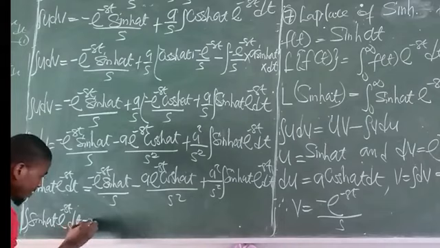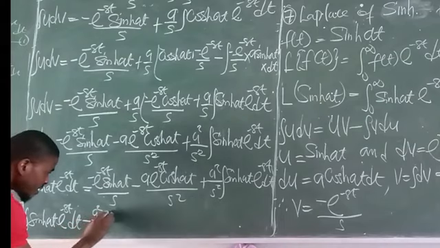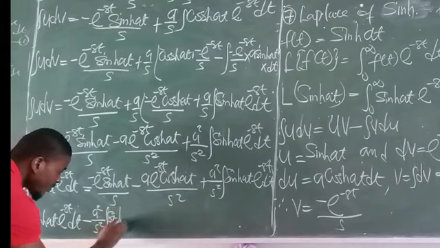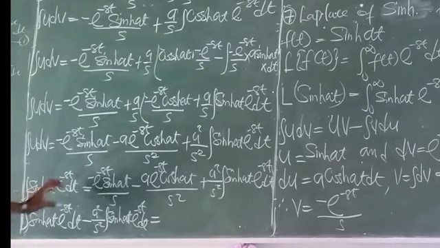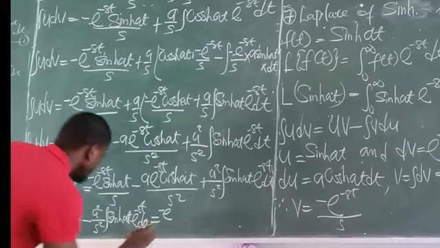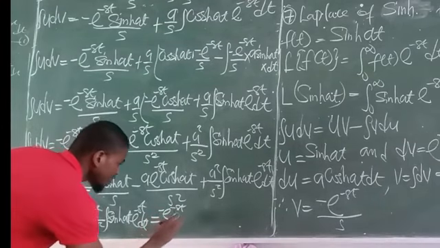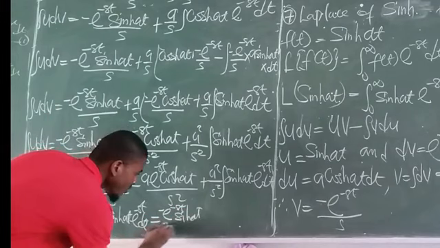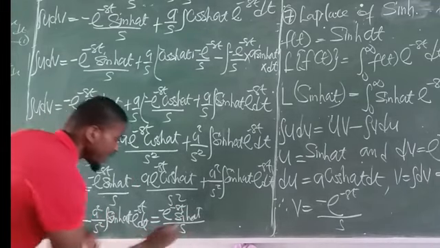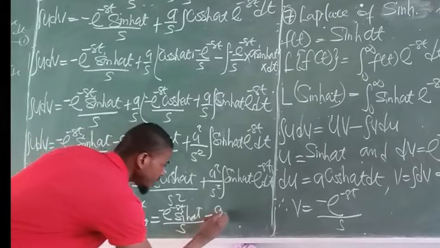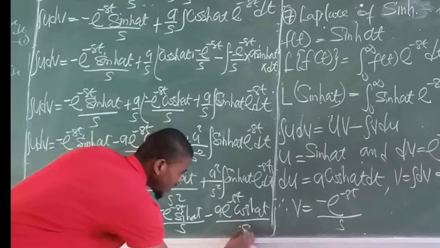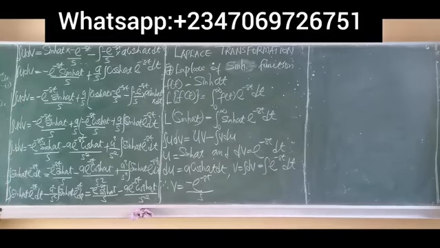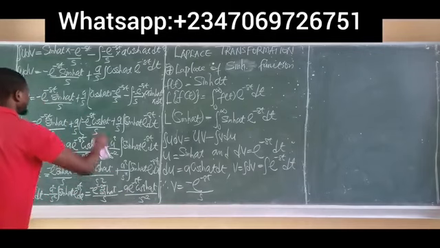So I have minus a squared all over s squared integral of sine at exponential minus st dt, and this is now equal to the result left: minus exponential minus st sine at all over s, minus a exponential minus st cos at all over s all squared. All right, let's continue the integral here.